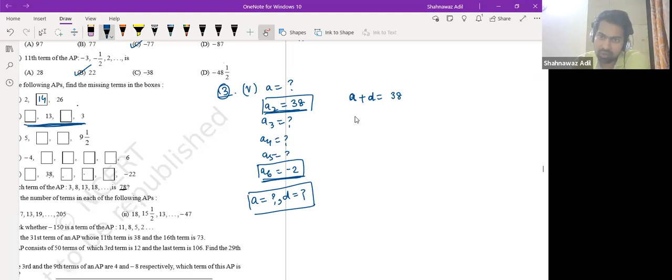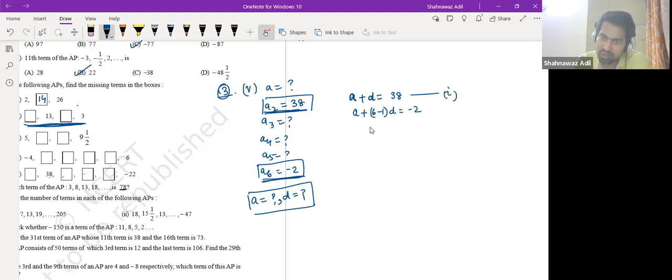So what would be A6? A plus 5D. A N is A plus N minus 1 into D. N is 6, so 6 minus 1, right? 6 minus 1 into D. So we have the first equation.